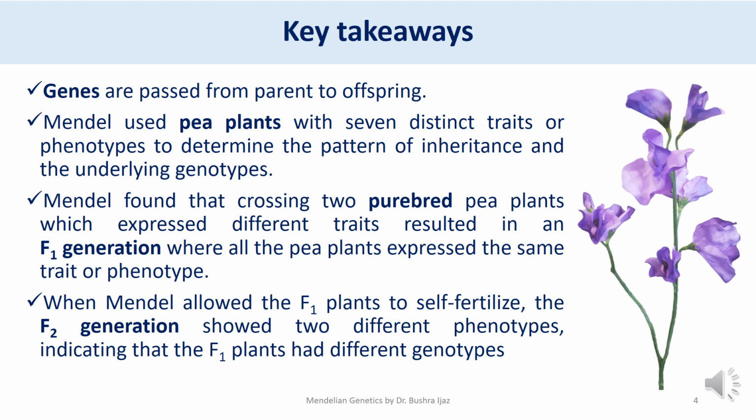Mendel found that crossing two purebred pea plants which expressed different traits resulted in the F1 generation, where all the pea plants expressed the same trait or phenotype, like the seed color or the seed shape or the color of the flowers. When Mendel allowed the F1 plants to self-fertilize, the F2 generation showed two different phenotypes, indicating that F1 plants had a different genotype.